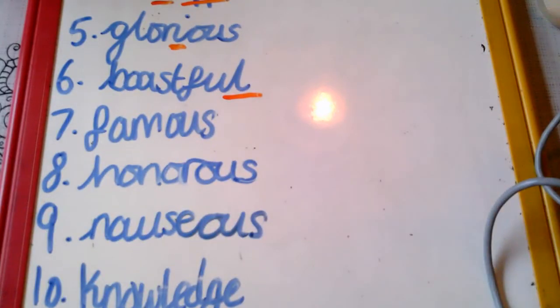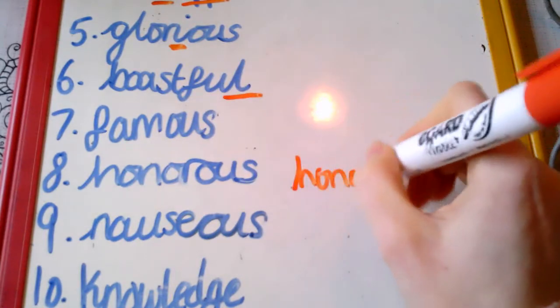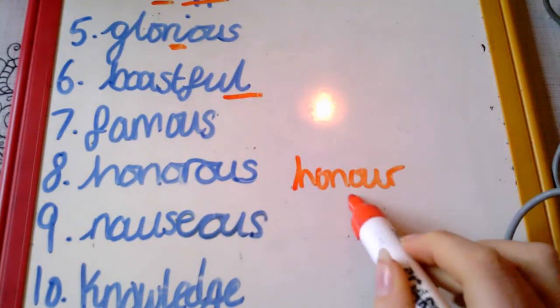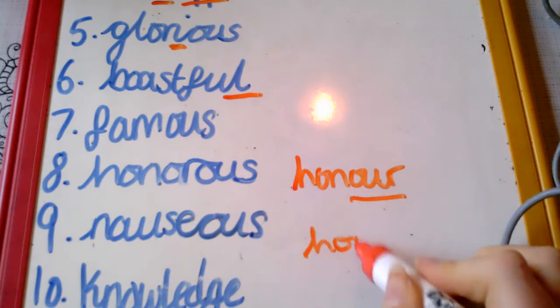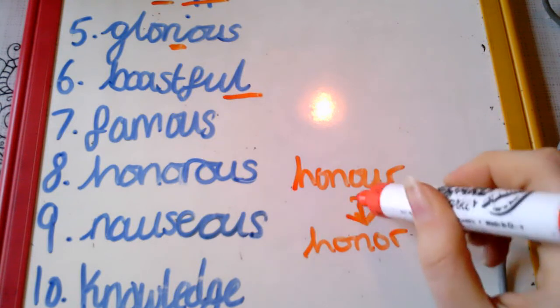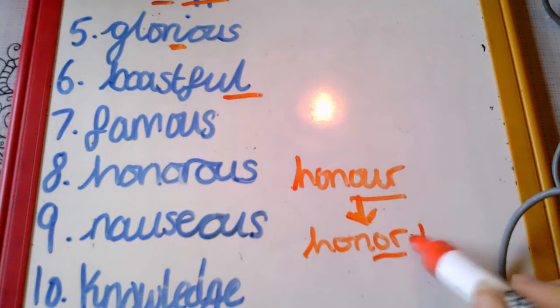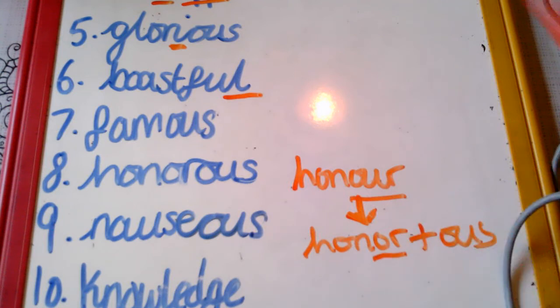And then onerous is that one where that O-U-R needs to become just an O-R like that. So it needs to become O-R and then we can add the O-U-S. So onerous.